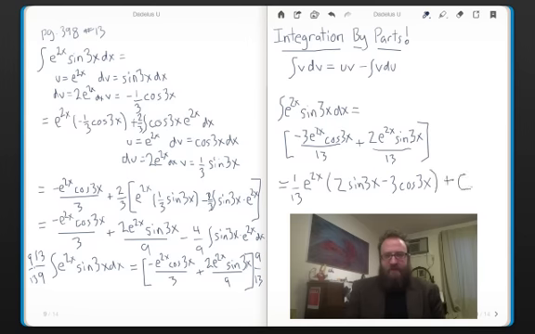Plus c. Don't forget your plus c. And that's the answer. We are done. The integral of e to the 2x sine of 3x times dx equals 1/13 times e to the 2x times quantity 2 sine of 3x minus 3 cosine of 3x, all plus c.